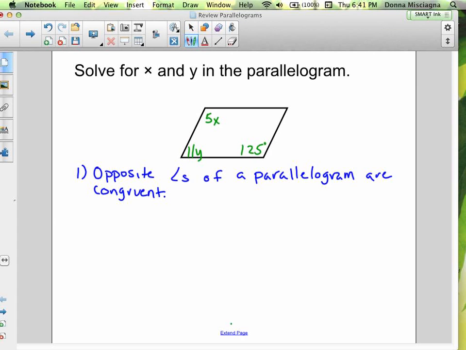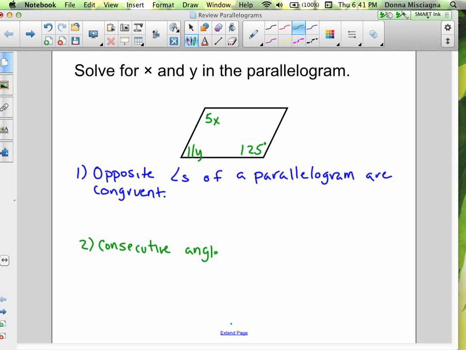The second characteristic of angles in a parallelogram is that consecutive angles are supplementary. And we know the word supplementary means adds to 180 degrees.